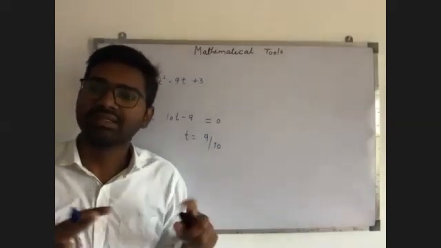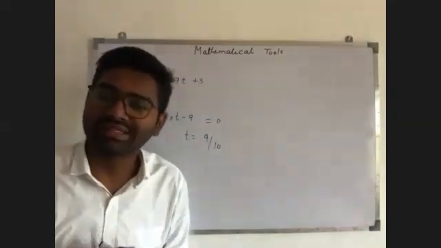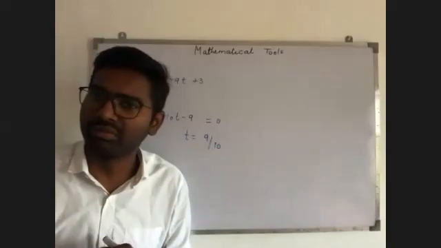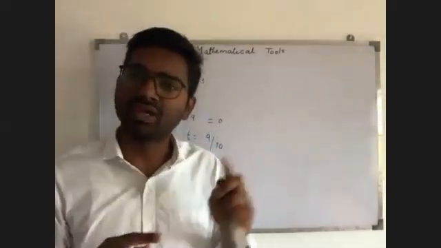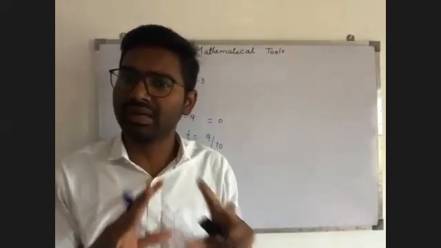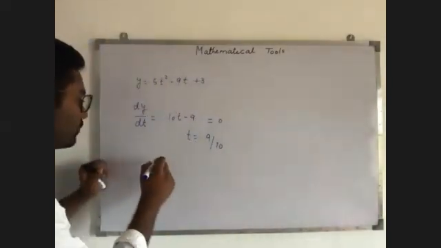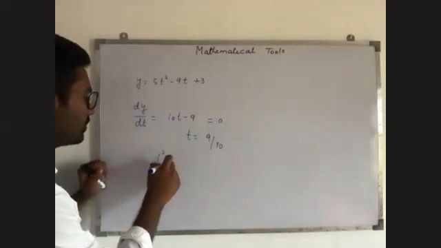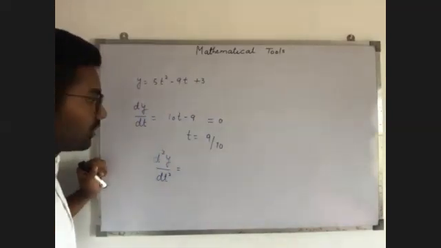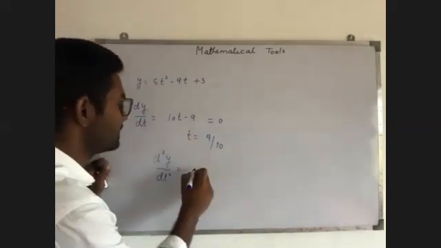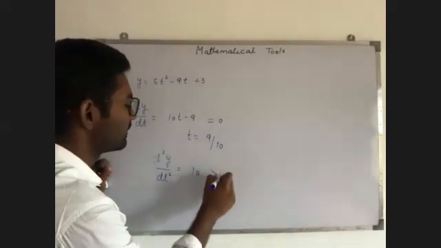At this point, the function can have a maximum value or a minimum value. We don't know, because dy by dx equal to 0 happens for maxima as well as minima. Now if I calculate one more, d2y over dt square, if I differentiate again I will get 10, which is greater than 0.